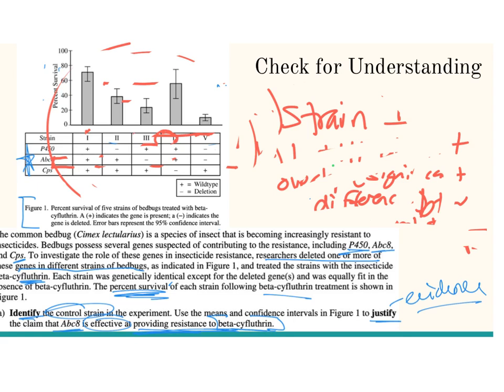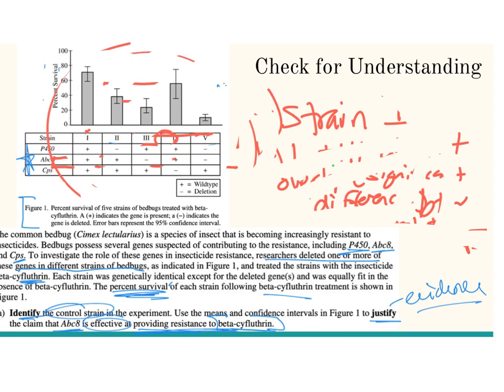Well, ABC is here. Okay. And the fact that we see that whenever we have ABC, okay, or when we have our control strain, those error bars from the control do not overlap with strain 3 where it's deleted.